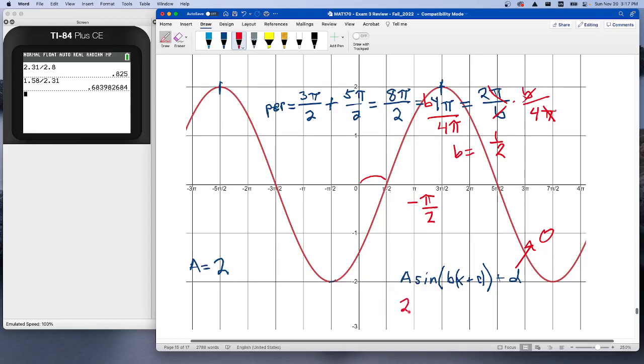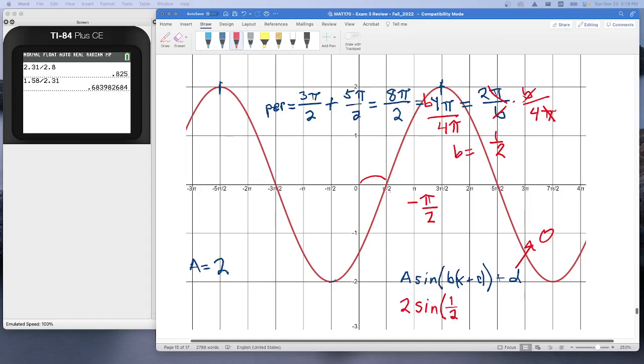It should be 2 sine of 1/2, sorry, I'm just trying to think through this.